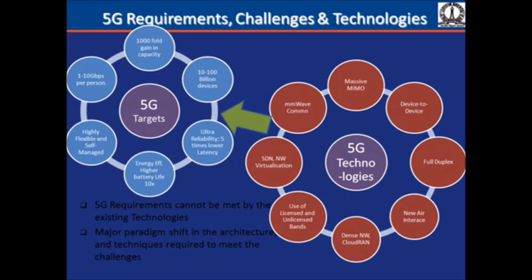So you will have to use new techniques and technologies and ideas and new frequency bands in order to deliver what you would like to see as a user, which may include 1 gigabit to 10 gigabit per second per person self-managed networks.